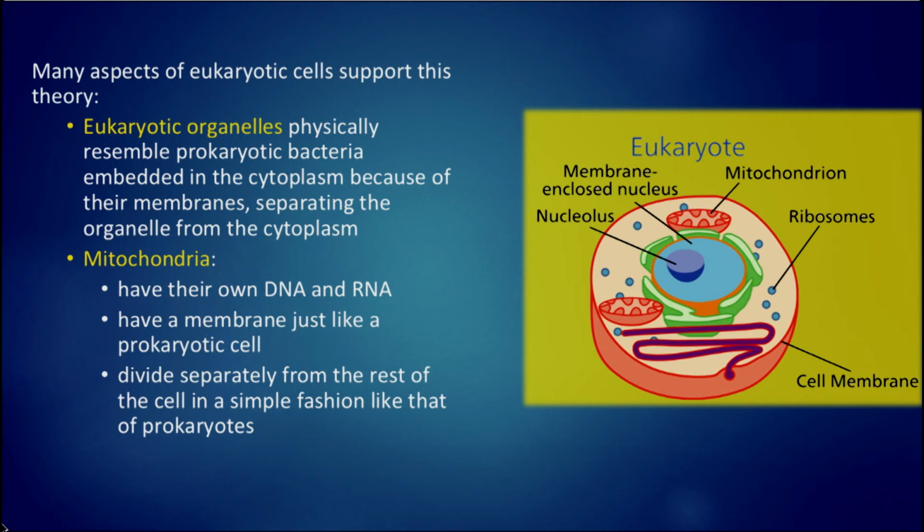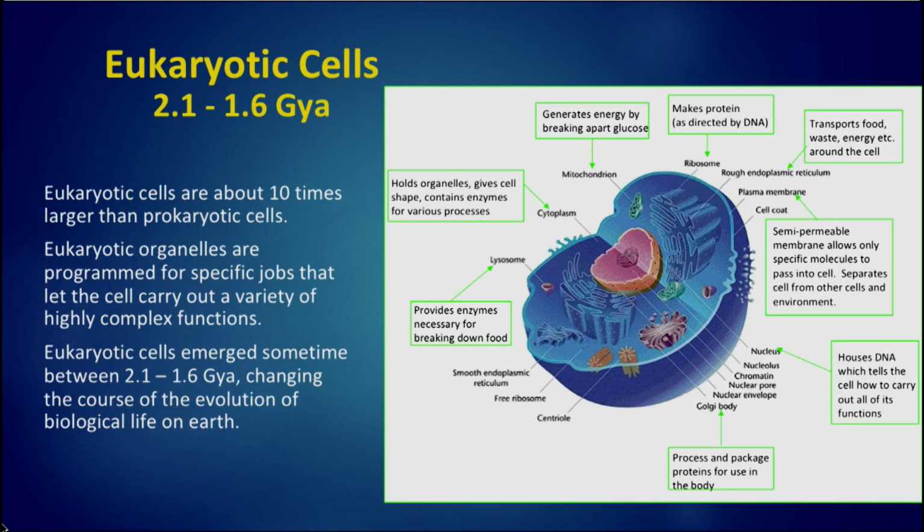Remember, however, that the evidence for it is indirect because we have no fossil record going back this far in the Earth's history. Eukaryotic organelles are programmed for specific jobs that let the cell carry out a variety of highly complex functions. For example, in a modern human being, there are about 50 different distinct cell types: liver cells, brain cells, and so on.